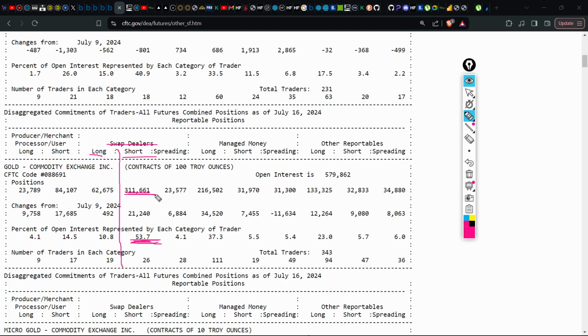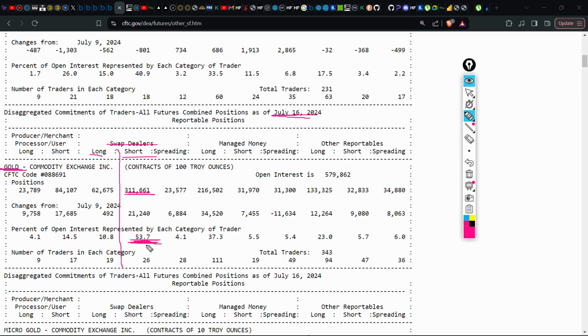So this is supposed to tell you that big money, or rather most of the money, is betting against the price of these futures contracts, and the futures contract in question here is gold, right? So as of July 16th, 2024, most of the money in the futures contracts of gold was actually in short positions, right? Simple.